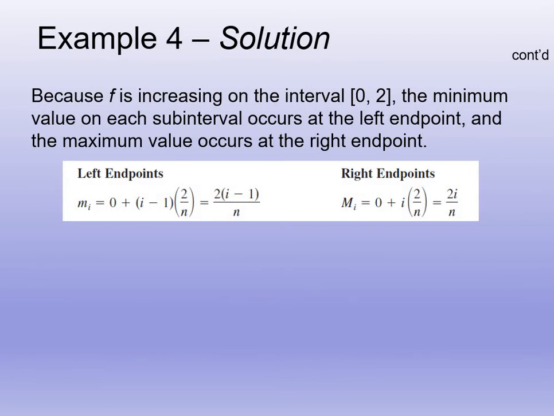We're using 0 because we're starting at 0. If we were starting somewhere else, this would be shifted over a little bit. So just know that we define our left endpoints as 2 times (i minus 1) divided by n. Now if our interval went from, say, 2 to 4, instead of having 0 there, we would have a 2.